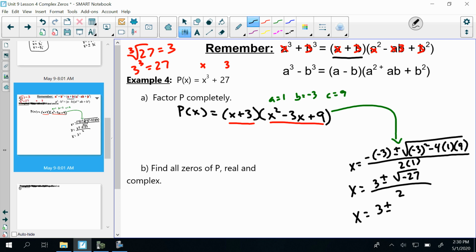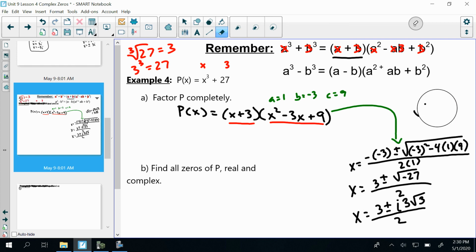We can simplify that. Let's continue simplifying. We can take out that negative and make it i. And also, square root of 27 does have a perfect square in there, perfect square of 9. 9 times 3 is 27, so we could write that as 3 square roots of 3, all over 2. So that's going to be our zeros here.